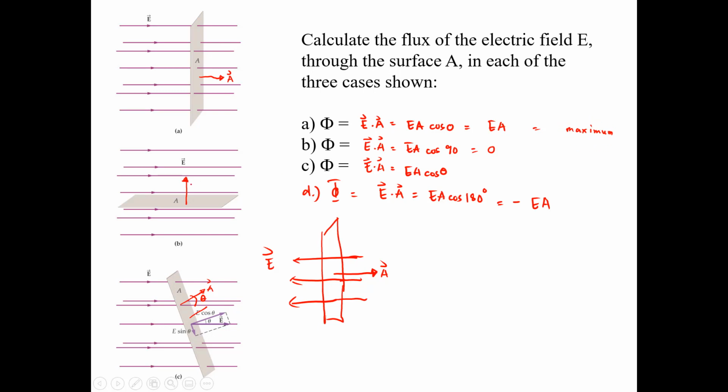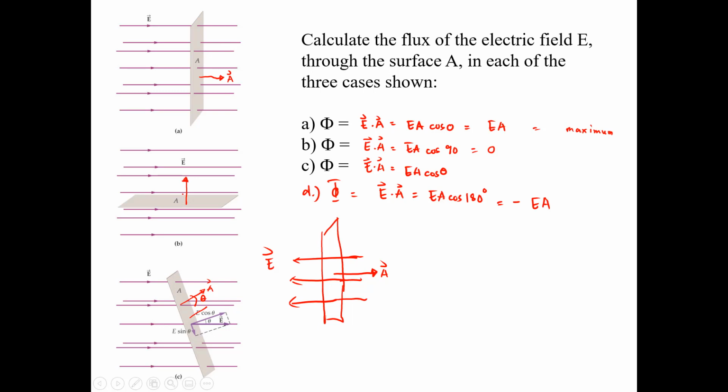Okay? Now, here is case B, wherein the surface is lying flat and then your electric field vector is also directed to the right. Now, take note that the area vector is always normal to the surface.